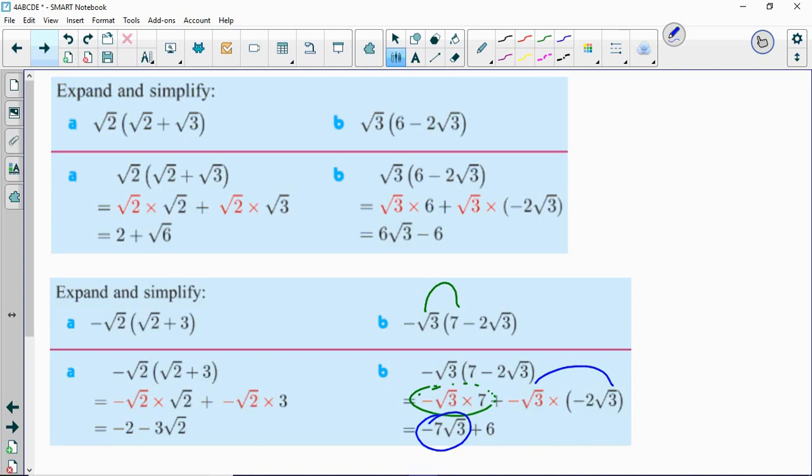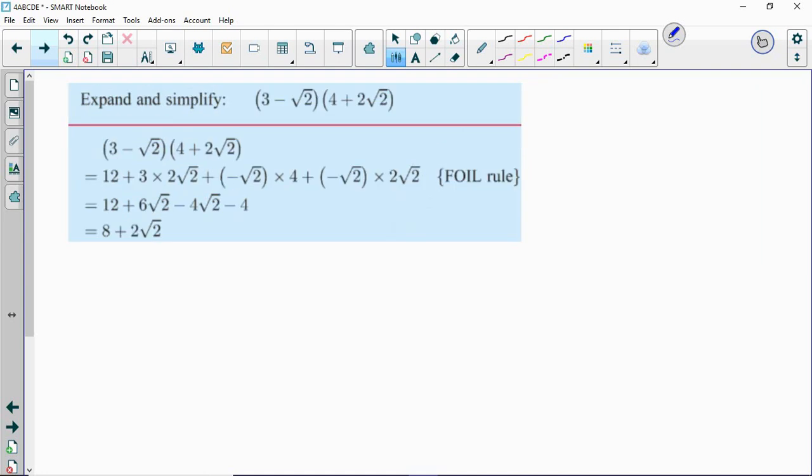Sometimes in doing this, you might have some radicals that you get to collect. We'll see that more often when we have two binomials multiplied together. This is just the same as when we had variables, though. We'll do 3 times 4, which is 12. We'll do 3 times 2 root 2, which is going to give us 6 root 2. We can do negative root 2 times 4.